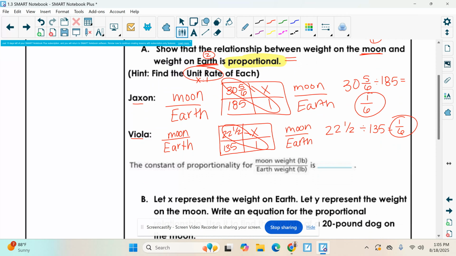So right here, you see where it says the constant of proportionality? That's another buzzword. We need to highlight it. And we need to remember that constant of proportionality is K equals Y over X. The second value over the first value. And they even tell us here which one was the second. They say moon over the earth. Well, guess what? Is that the order that we already did it in? Moon over the earth. So what is this 1/6 then?